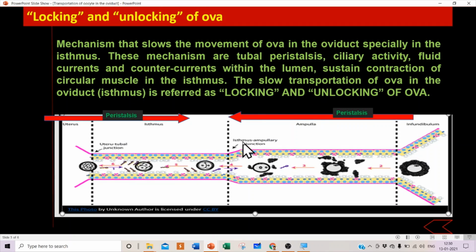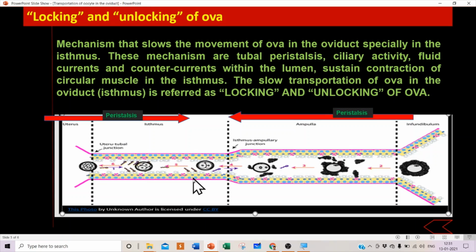Because fertilization takes place at the ampulla or isthmus ampullary junction, the peristalsis movement from the uterotubal junction toward the isthmus ampullary junction prevents or slows down the oocyte movement.